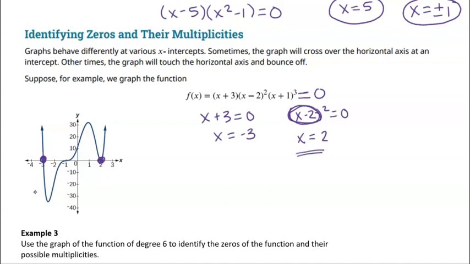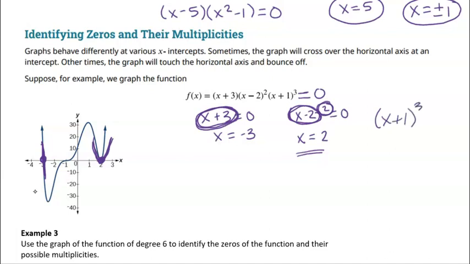And notice here with that multiplicity of 2, 2 factors of x minus 2, that this behaves like a quadratic function. Notice here I only had one factor of x plus 3, and this behaved almost like how a line behaves at a 0.